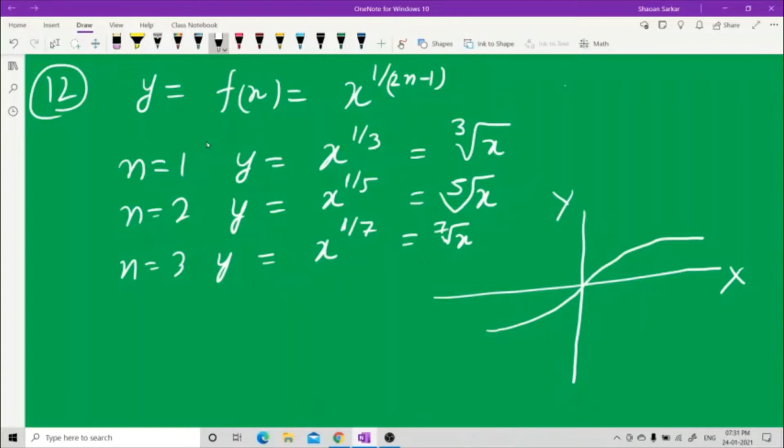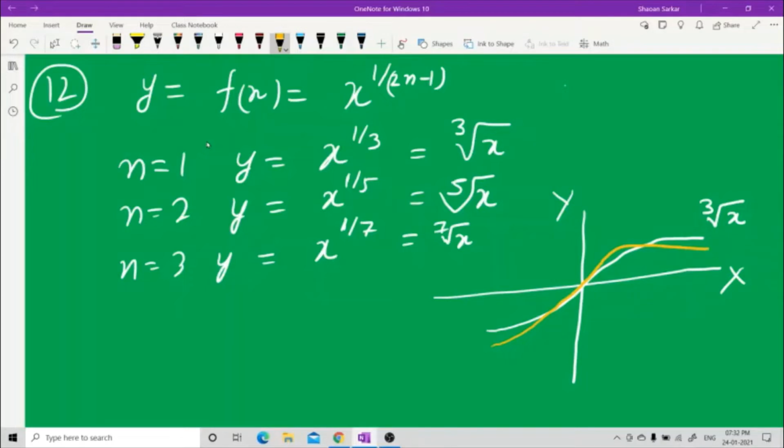This is the cube root graph. Now I'll take another color to show you that this graph will go this way. It will go like this and it will come like this. This is the fifth root.